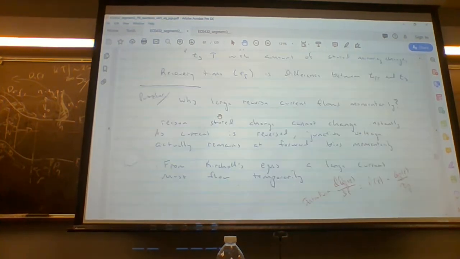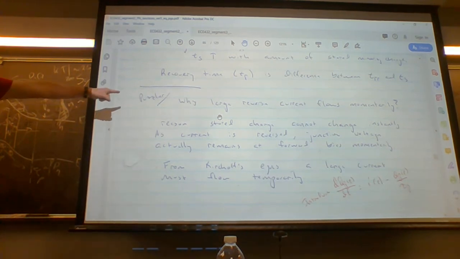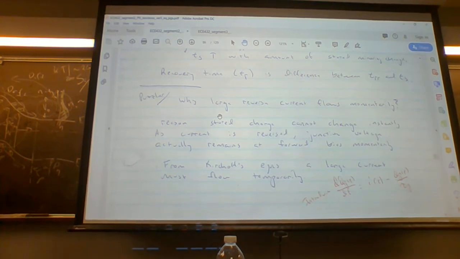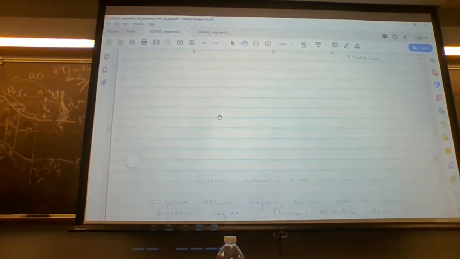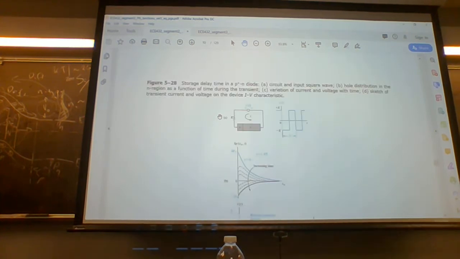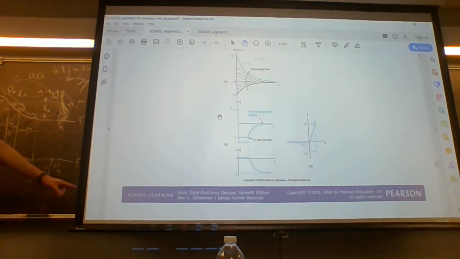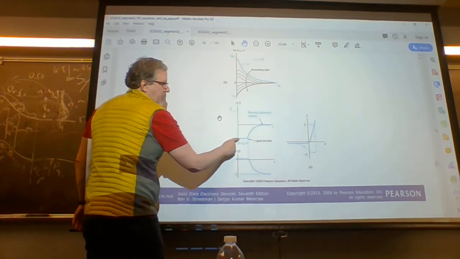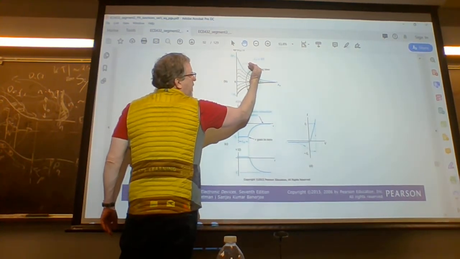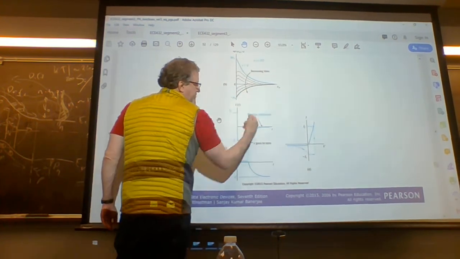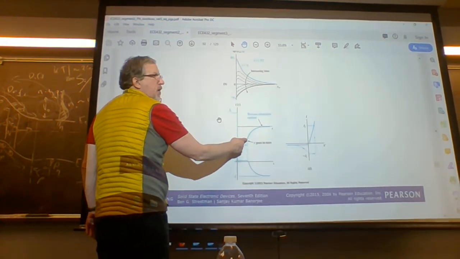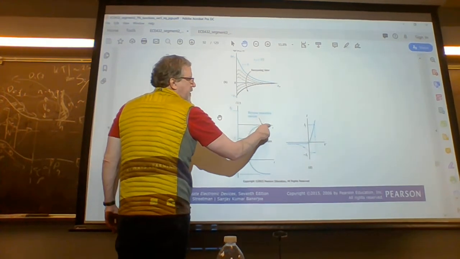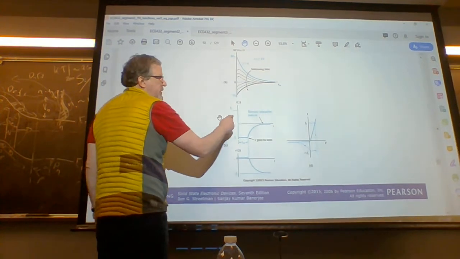So, switching response. Why does a large reverse current flow momentarily? Do you remember that one? When I'm switching from forward towards reverse, why does it flow a large reverse current and then decay?